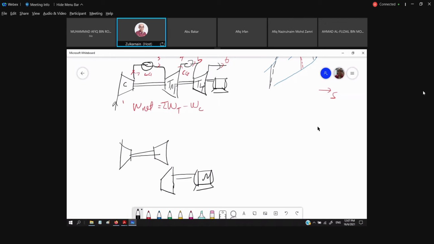So combustion chamber, again, this is our combustion chamber before entering the second turbine. This is our compressor, this is our high pressure turbine, the low pressure turbine. This is our CC1, this is our CC2, this is the flow.